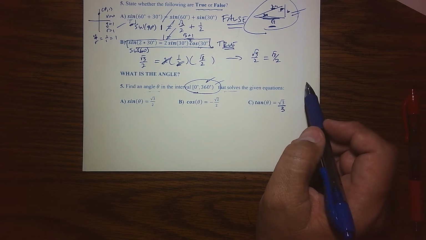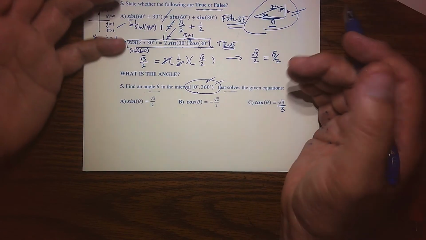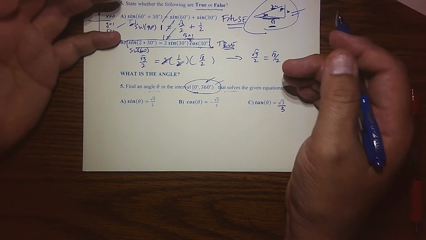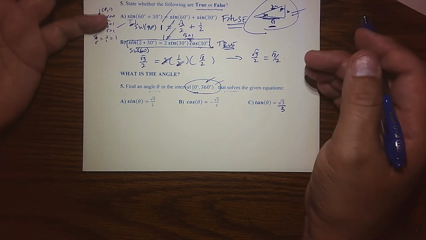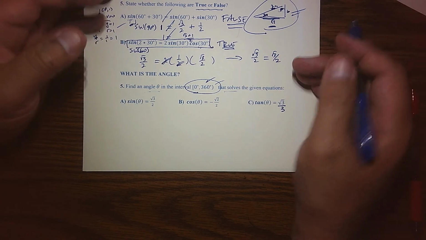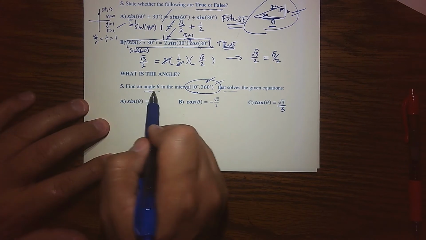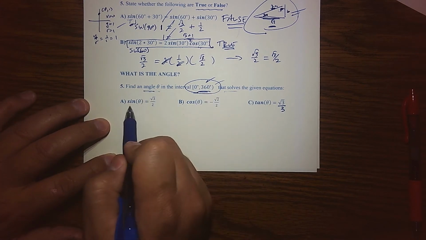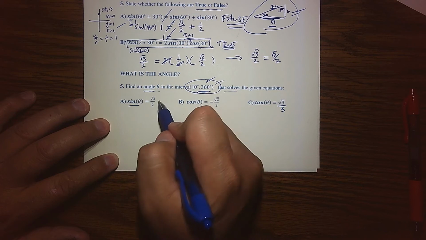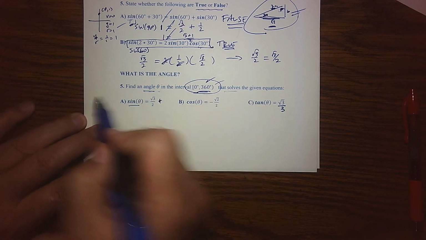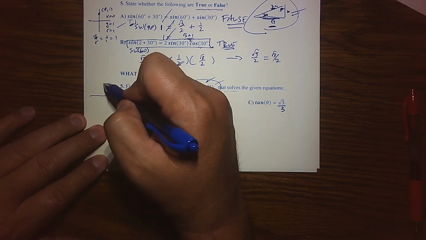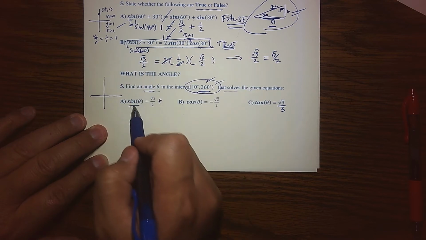It turns out that there's a lot of previous knowledge that comes into play combined with what we've currently learned. So here's what you've got to be thinking to find the angle in the first rotation. The first thing I'm going to consider is that this is positive. So we have to go back to way back when: where is sine positive?